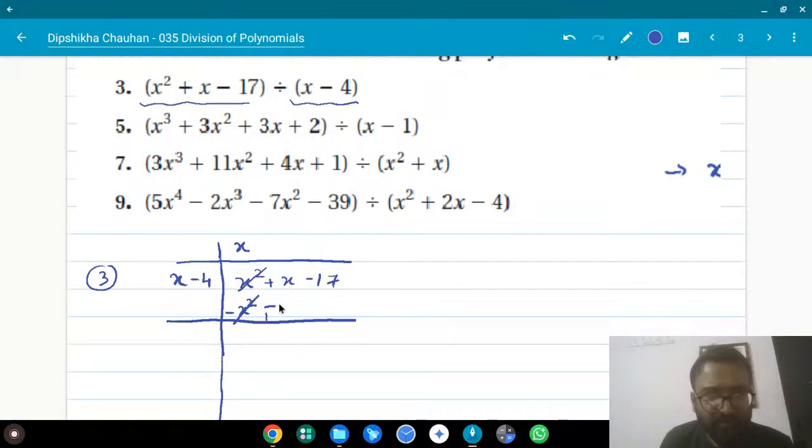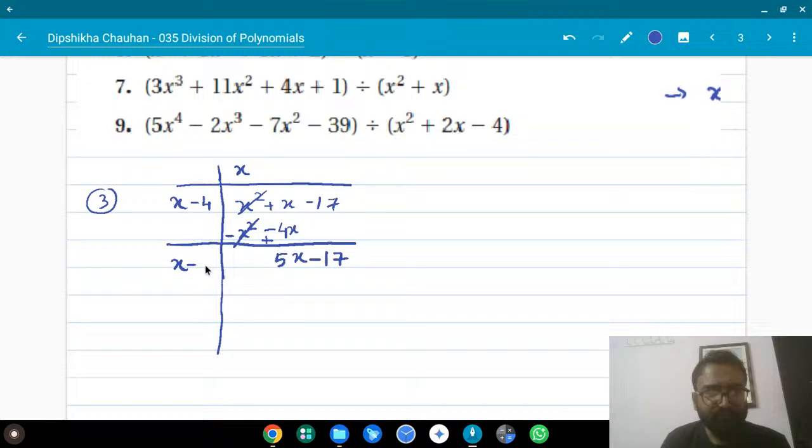And it becomes plus, 4x becomes 5x. Again, how much do we multiply to get 5x from x minus 4? It will be plus 5. 5 times x is 5x, and 5 times minus 4 will be minus 20.